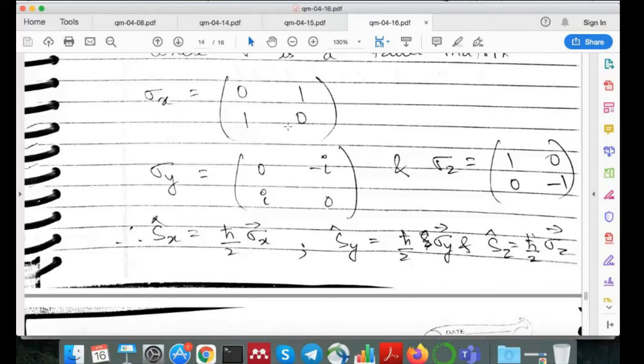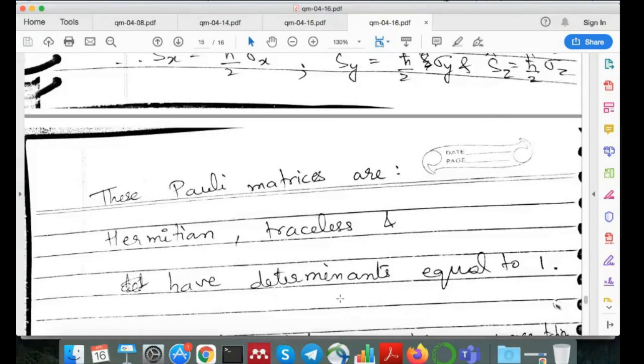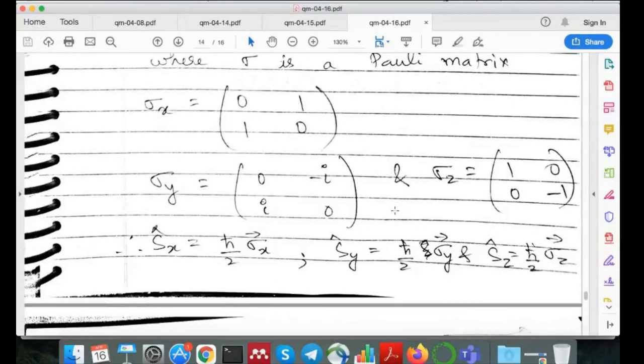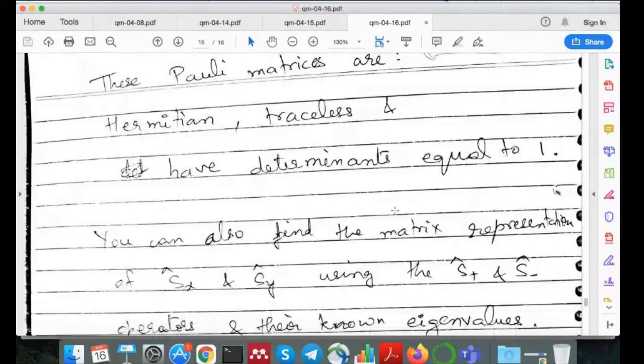So 0 plus 0 gives you 0, and here 1 minus 1 gives you 0. So they are traceless, and these have determinants equal to 1. You can find out the determinant of each matrix, and they will turn out to be 1. These are the three properties of Pauli matrices, and these properties make it easy for us to compute certain things.